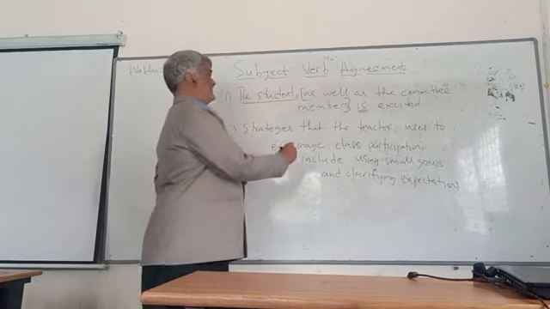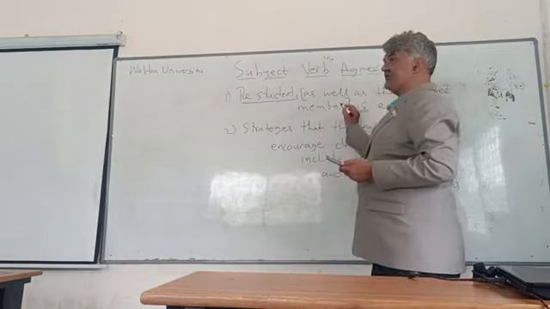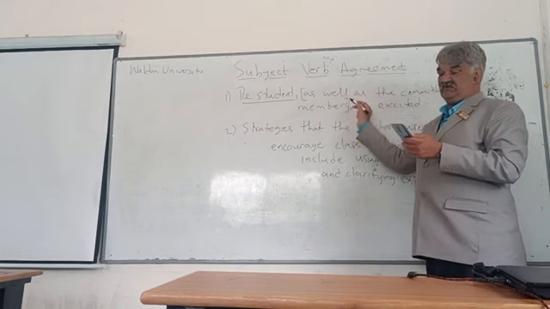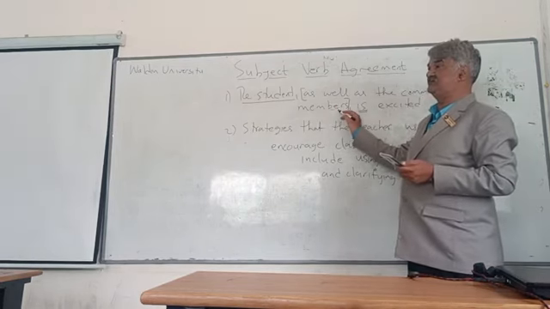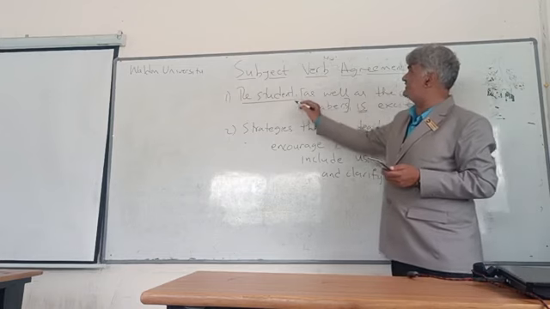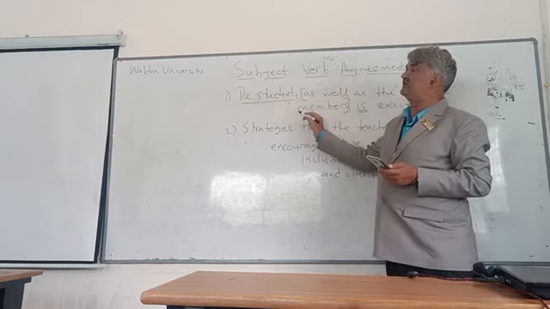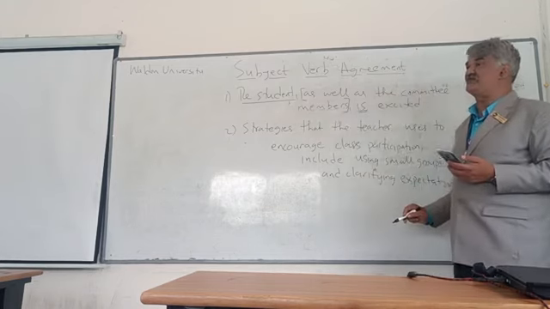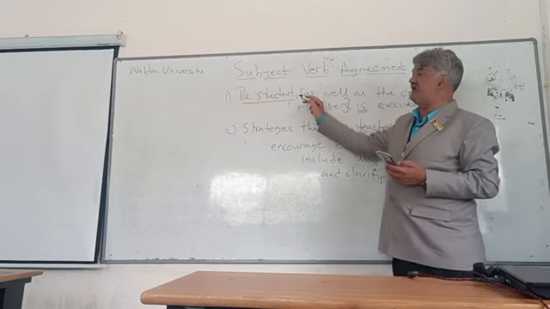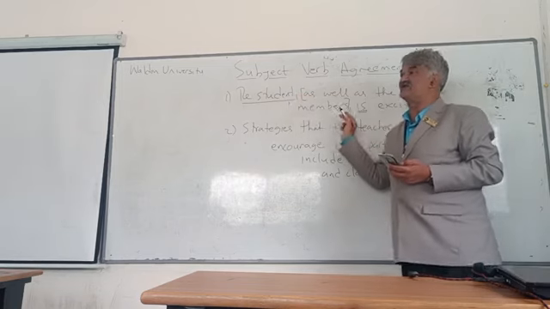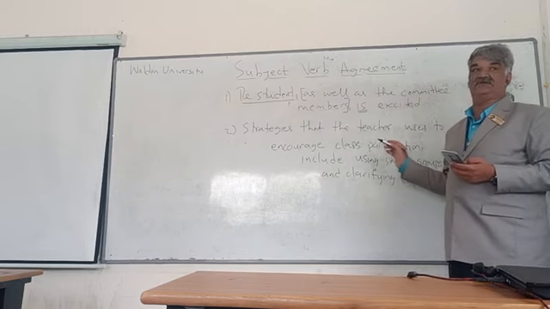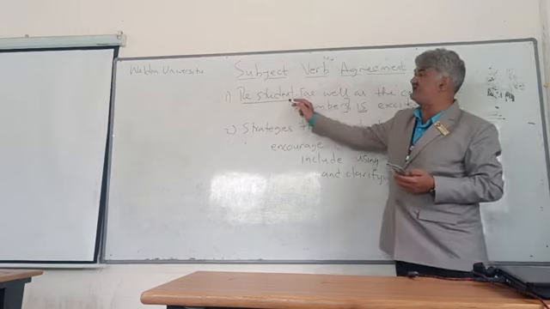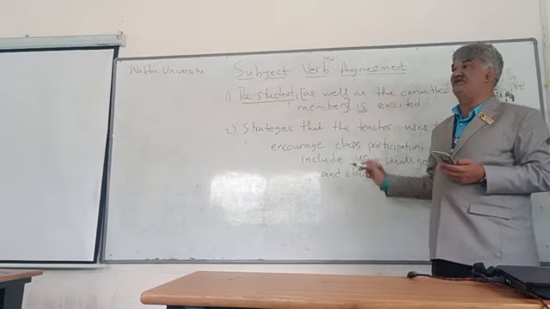Not with the noun or pronoun in the phrase. Right? It does not agree with this noun. It agrees with the subject. So what you must be careful about is to identify the real subject of the sentence. Okay? So this is the subject, it's singular, it's also singular.